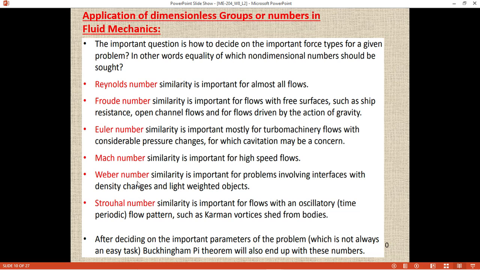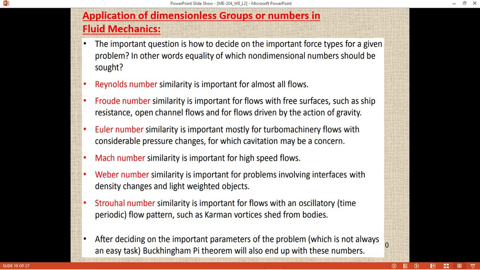The Weber number similarity is important for problems involving interfaces, wherever we have two different fluids or surfaces where surface tension is important, with density change and lightweight objects. Wherever the interfaces are involved, the Weber number is used, because the Weber number is the ratio of the inertia force over the surface tension force.